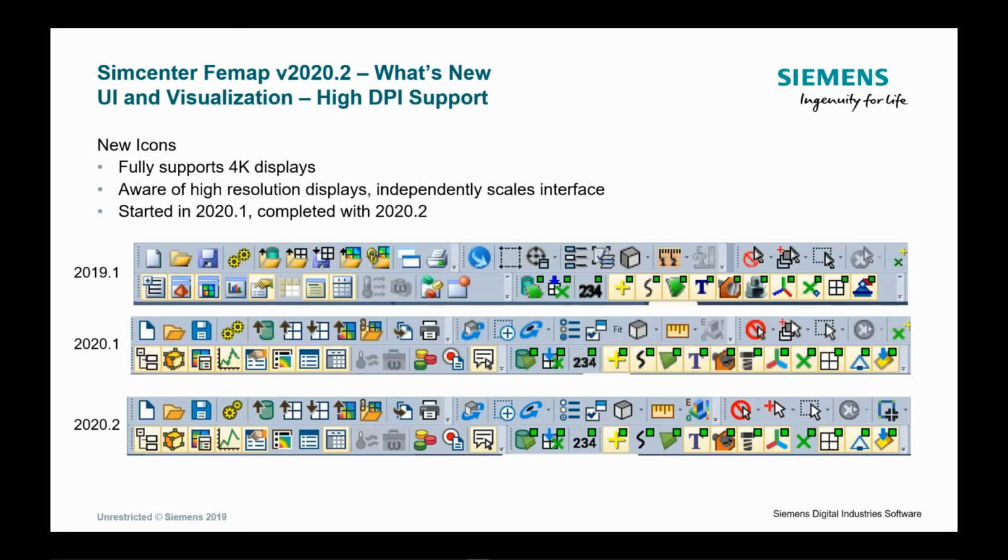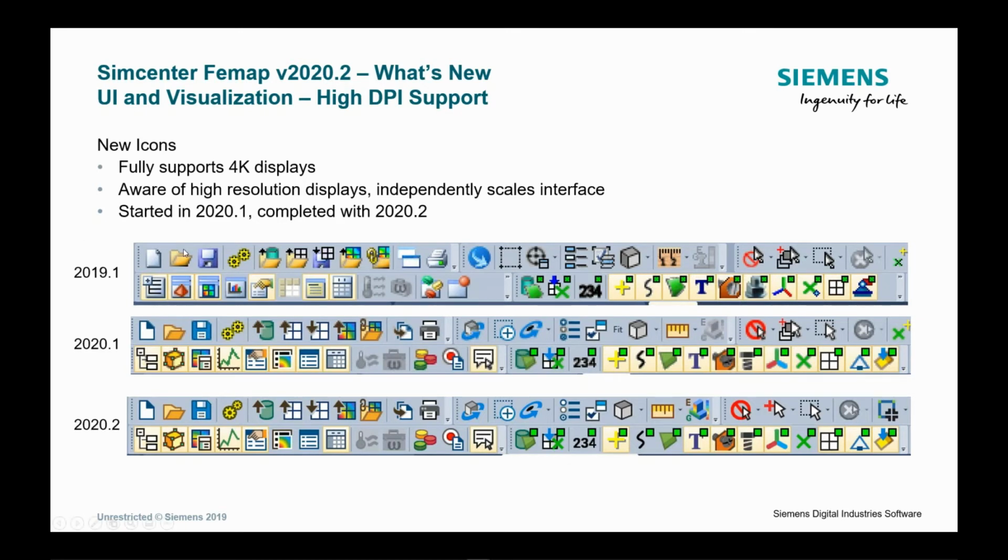All right, so I covered this in the last What's New update, but I think Femap has finally completed upgrading their vector assets for icons. So now you don't have all these grainy icons, especially if you have the big icon option checked. So it's easier to get at some of these buttons.